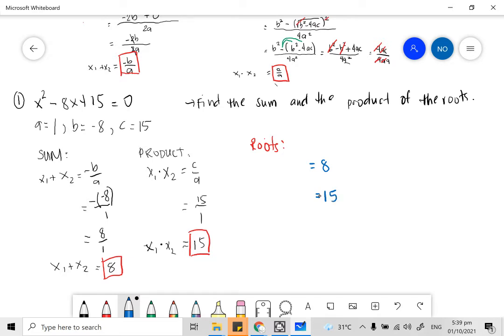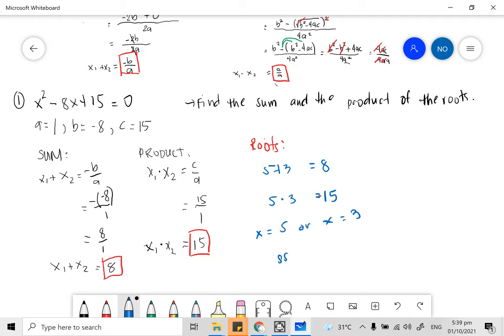Mag-isip tayo ng dalawang numbers that when you add, 8 ang result, at kapag pinag-multiply naman ay 15. So, dalawang numbers lang naiisip natin. Tama ba? Sino ba naiisip natin? 5 and 3. 5 plus 3 is 8, and then 5 times 3 is 15. Therefore, the roots are 5 and 3.